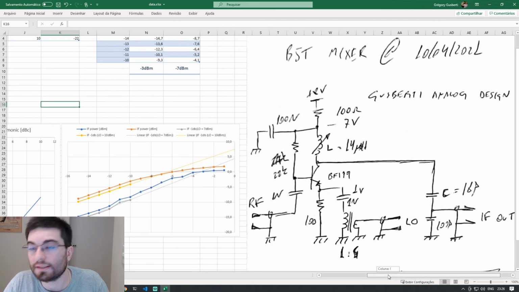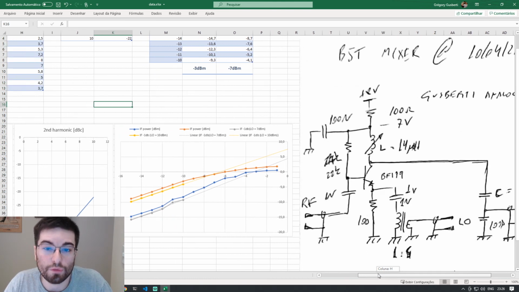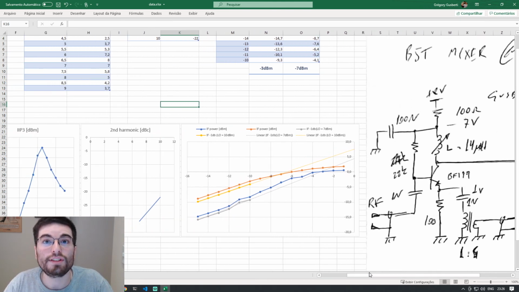And this is why the third order intercept is so useful, because it's a good measure of the harmonic content, the intermodulation content that will fall inside the band of interest, very close to the IF frequency.